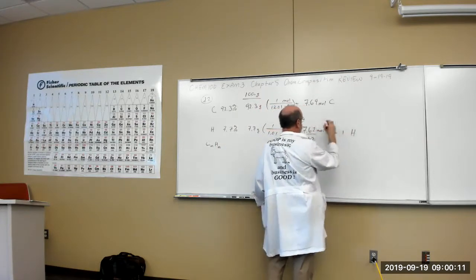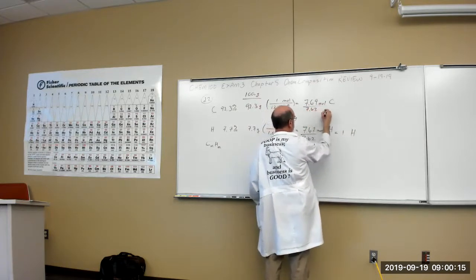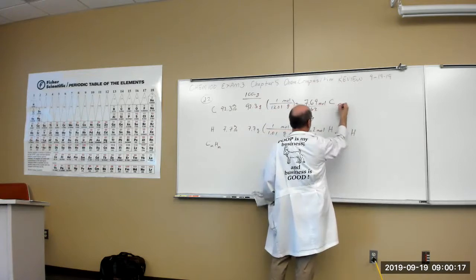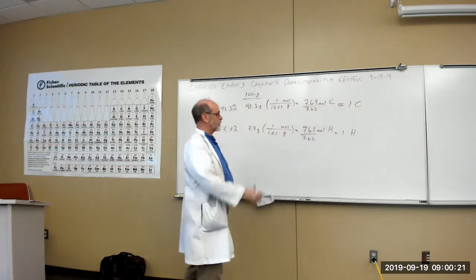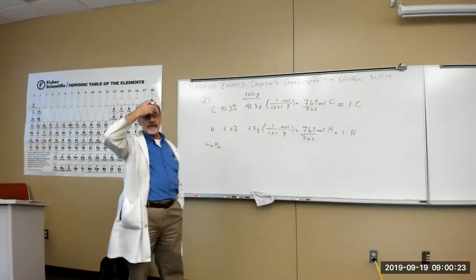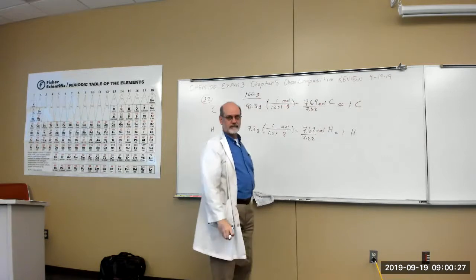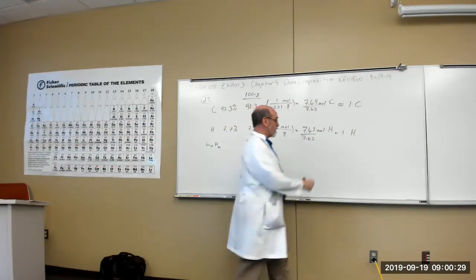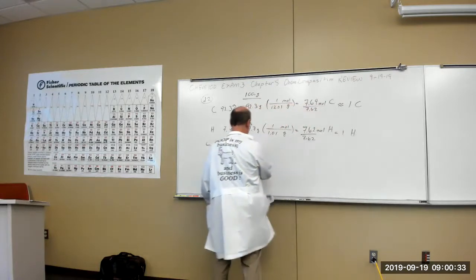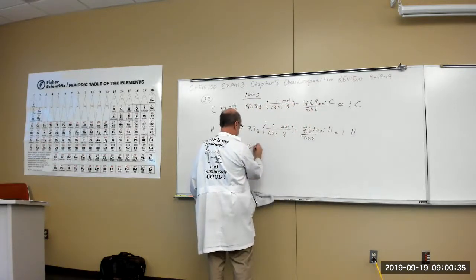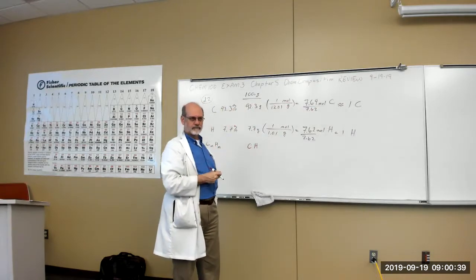So 1 hydrogen is ratio to 1 carbon. It's close enough. Do the math. 7.62 into 7.69 is so close to 1, you might as well round it. So the empirical ratio is 1 to 1. There's the empirical formula for acetylene, 1:1.